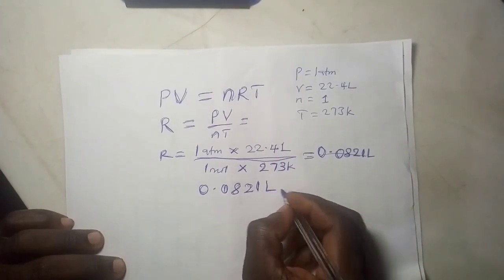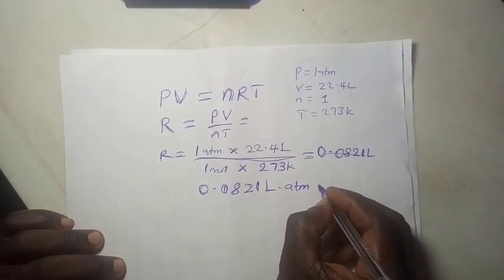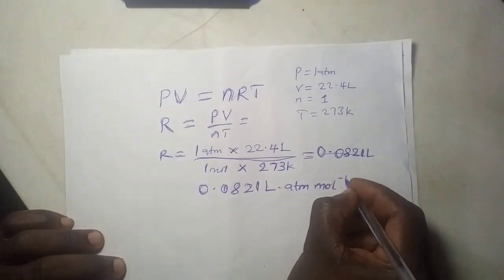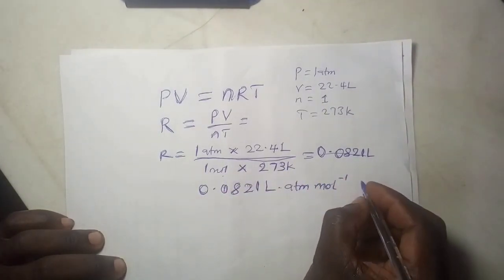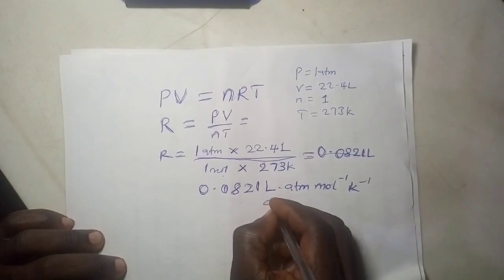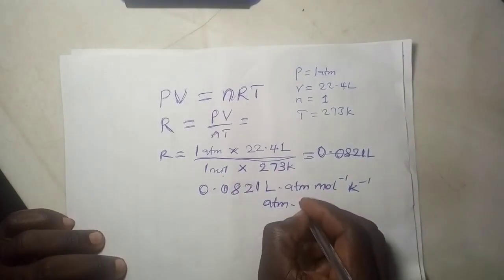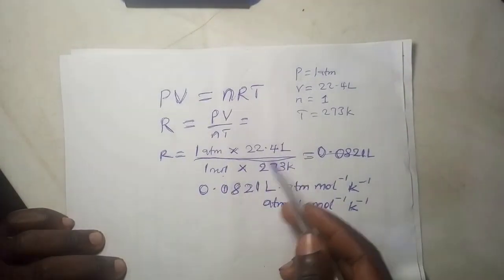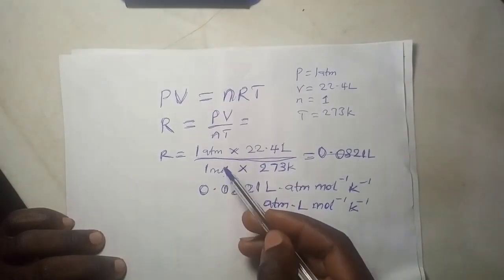You can create your unit here, or, since A comes before L, atmosphere liter per mole per Kelvin.